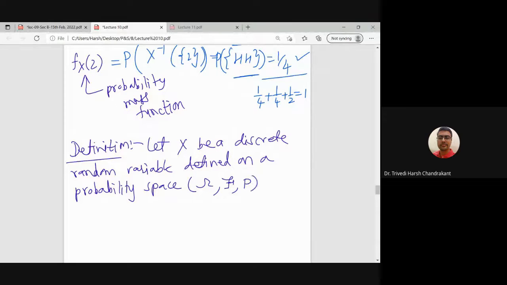Right. So this P is basically the probability of the events, that we already know. Let X be a random variable defined on the probability space.